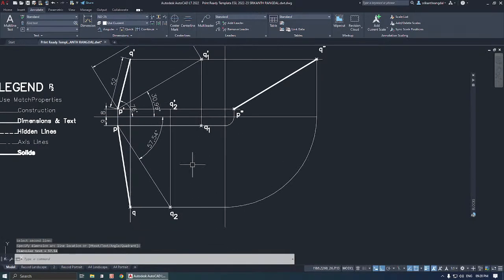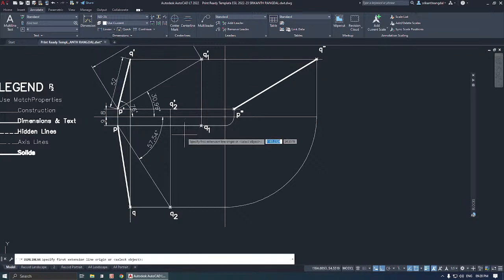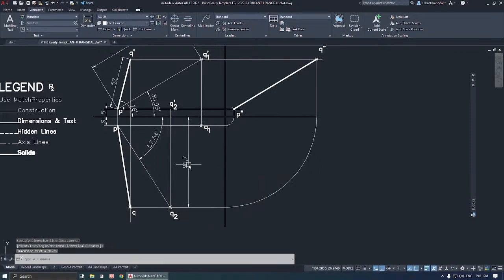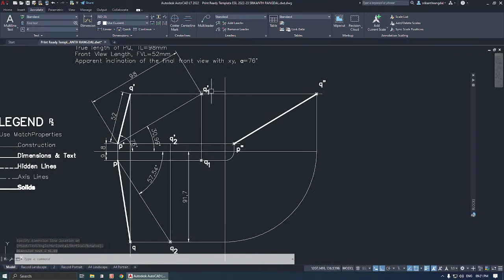If you are asked what is the distance of Q, one by one I'll cover. Once I'm done, you can ask the next question. So if you are asked what is the distance of point Q from VP, you have to take from the XY line up to point Q. If you are asked what is the distance of Q from HP, that distance will be from XY up to this point.